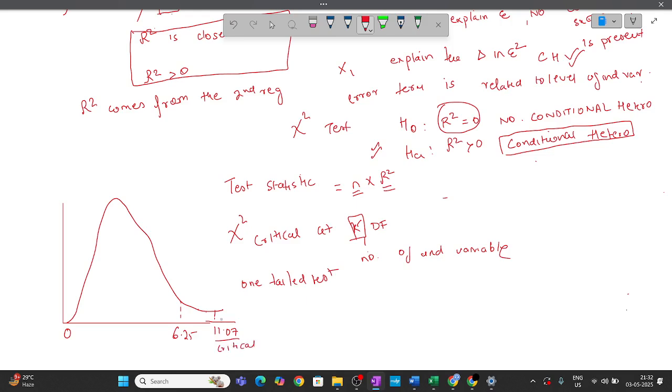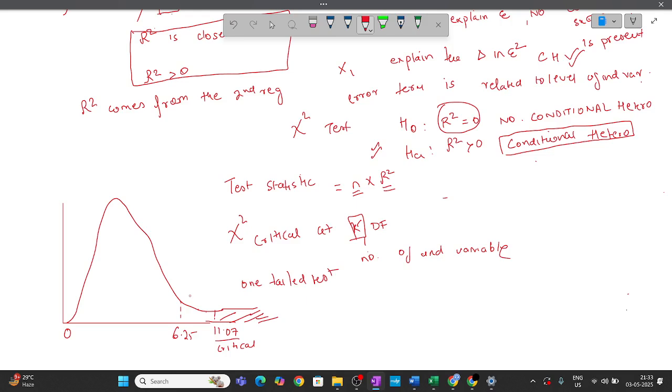So now obviously the rejection area lies to the right of this critical value. ठीक है, so will I reject the null? No sir. I will not reject the null. So is conditional heteroscedasticity present? No, I cannot reject the null.